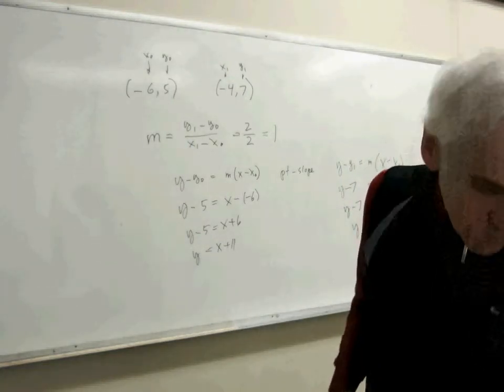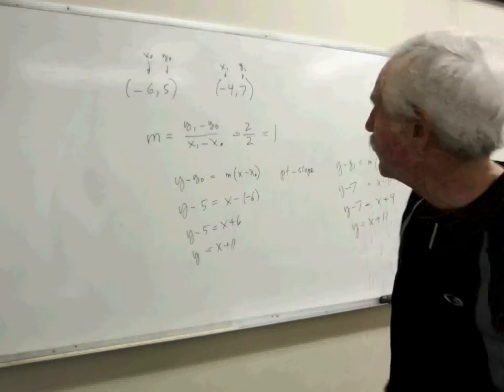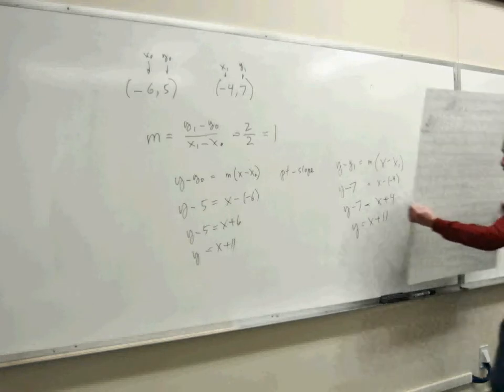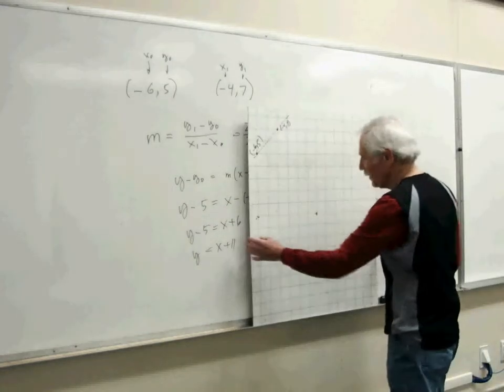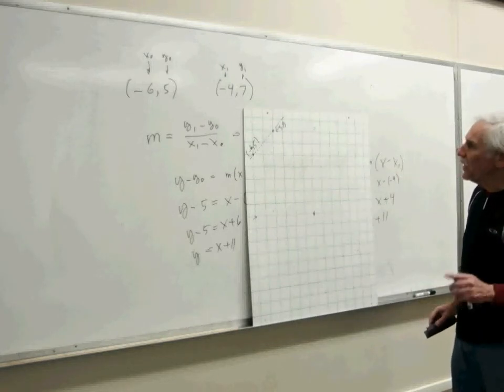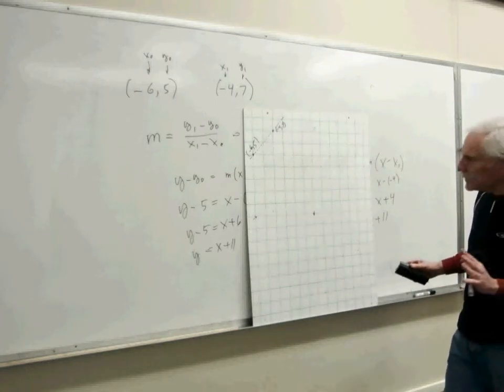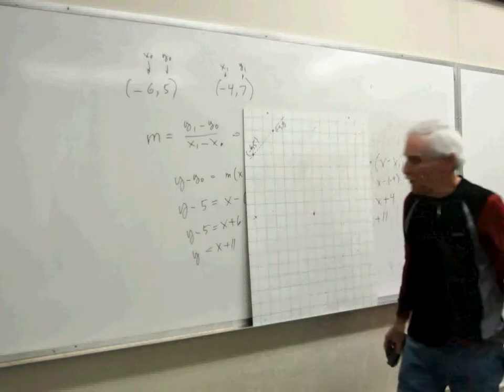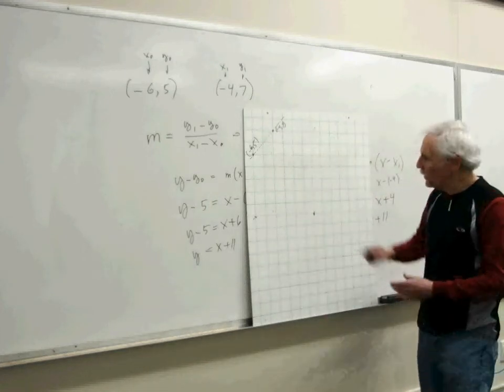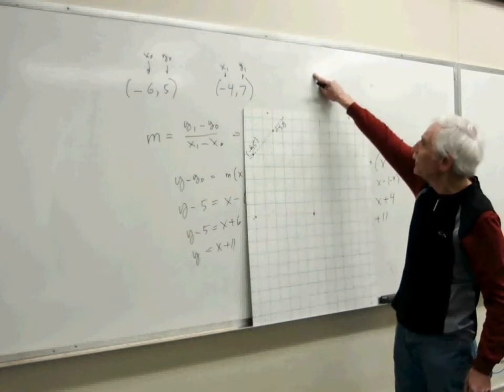Now, graph the equation. Well, we actually just did that, didn't we? We graphed the line. Let's do it in y equals mx plus b form: y equals x plus 11. It's going to be really hard because 11 is up here.